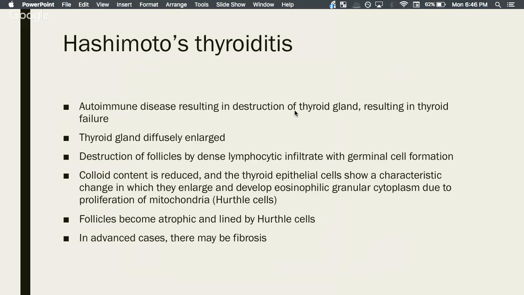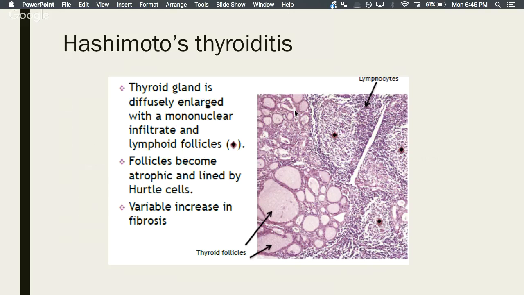Is it metaplasia essentially? Yep. It's like Barrett's esophagus for the thyroid. And sometimes there's fibrosis as well. So like Barrett's esophagus plus fibrosis for the thyroid. Yep.